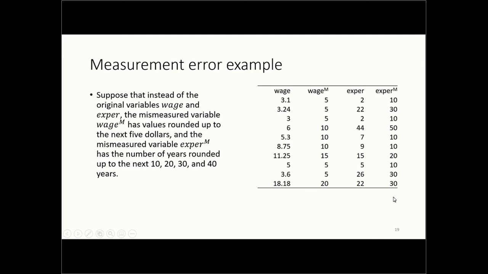Now, of course, if you have the original data, you would never round the variables and introduce measurement error on purpose. I'm using this for teaching purposes because sometimes the data actually comes to us like that, more rounded than the true values. So what I want to show you here is what would happen if we estimate the model with the original data that is correctly measured, and then with these mismeasured variables. Okay.